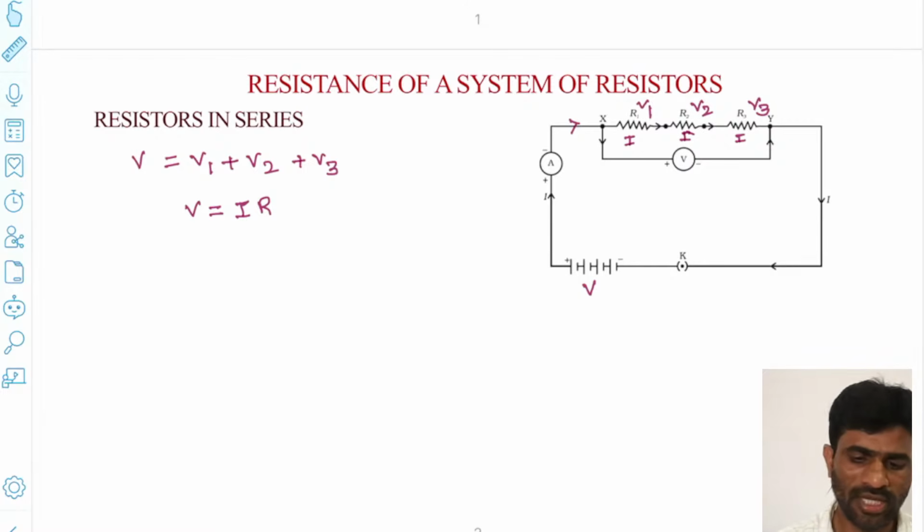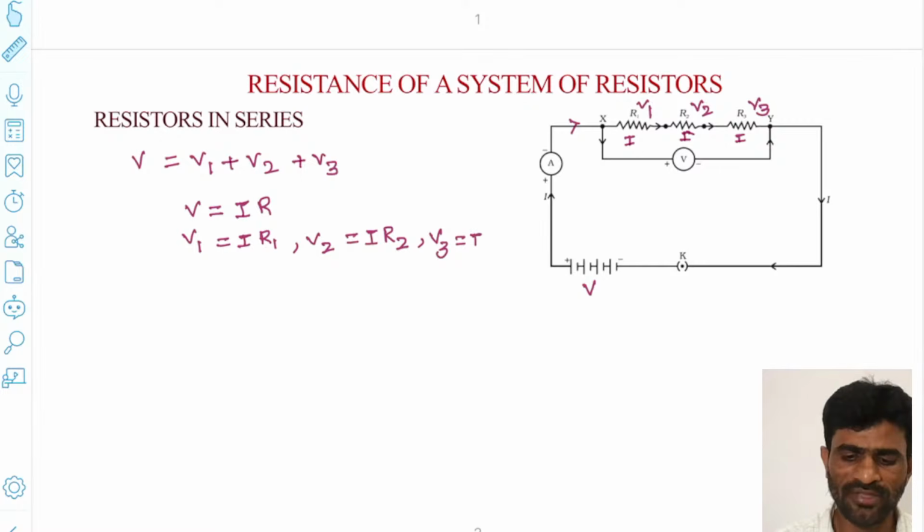Not only this, even V1 is equal to current, which is the same I only, but resistance is R1. Now second, V2 is equal to current is same I, but resistance is R2. Next, similarly V3 is equal to I is same, but resistance is R3. So these values we will substitute in the given equation.